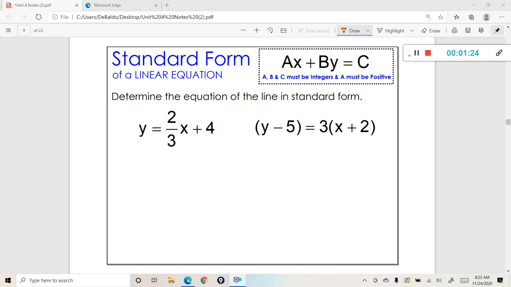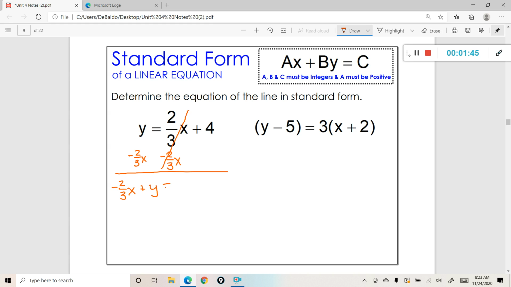And to do that, I'm going to subtract 2/3 x from both sides. You can see that eliminated it over on the right-hand side. And I'm going to write negative 2/3 x first because I see in my formula the x comes first. Plus y is equal to positive 4.